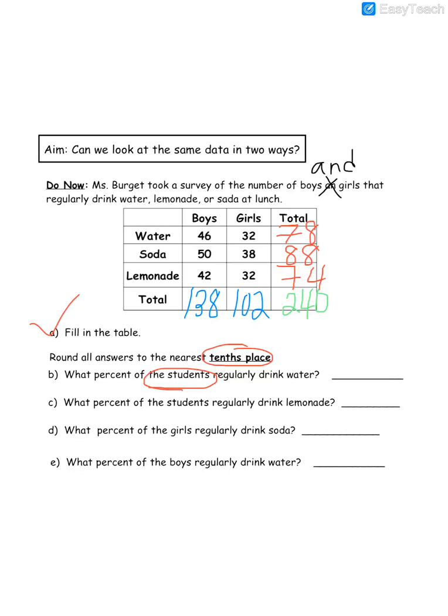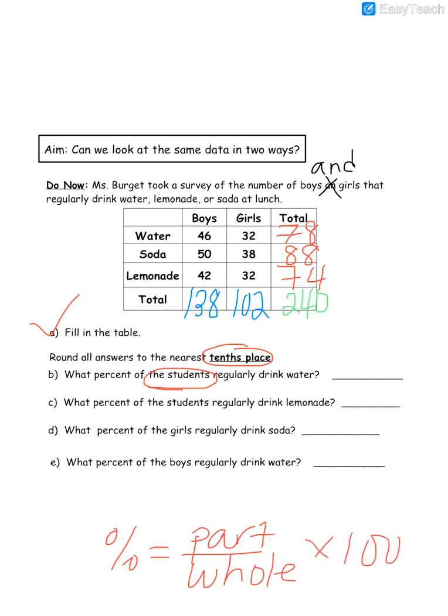Okay, so let's just remind ourselves, I'll do it down here, that percent is always part over whole. And then you're going to find whatever that is, and you're going to times it by 100, and that's going to give you the percent, and you're going to round to the nearest tenths place. And this information down below here is going to help you basically for every single question that you're going to be answering today.